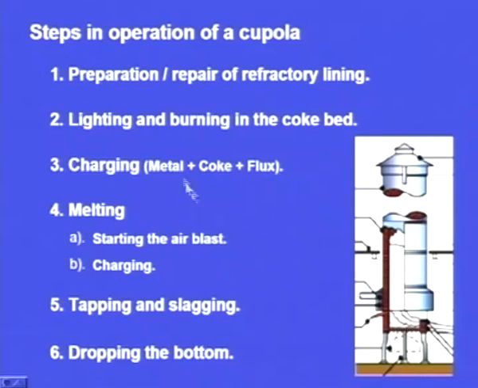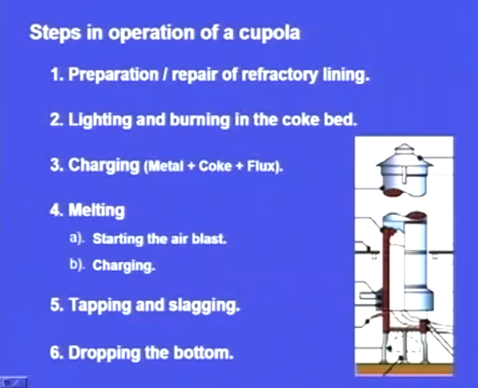This metal to coke ratio will be generally 6, means for 6 kgs of metal we use 1 kg of coke, and if the quality of the coke is high, this ratio can be increased, even up to 10, means for 10 kgs of metal we can use only 1 kg of coke.